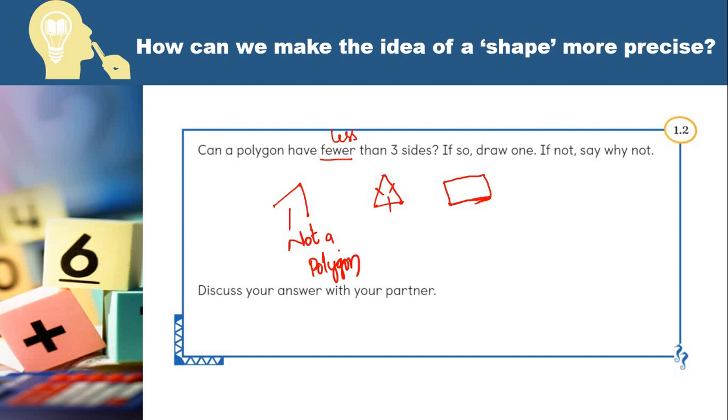So we cannot draw a polygon with fewer than 3 sides. What you have to write here?